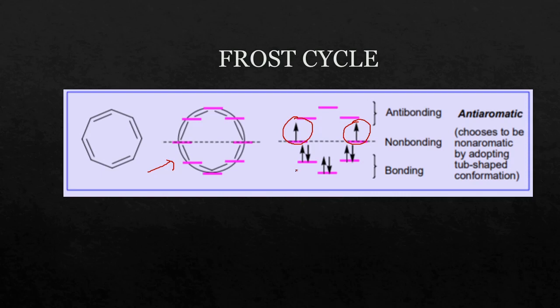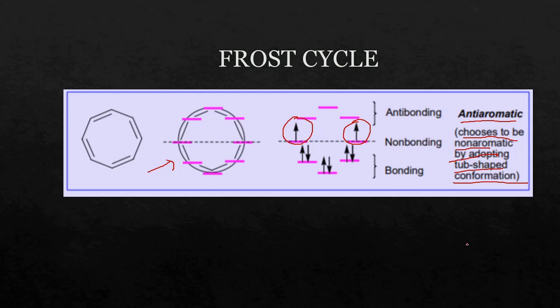Therefore, as a thumb rule, we know that if the molecule contains 2 electrons in the non-bonding orbital, then the molecule is anti-aromatic, but it chooses to be non-aromatic by adopting a tub-shaped conformation. As I told you, you can see the difference between a non-aromatic and an anti-aromatic system, as a non-aromatic system is less reactive, and your anti-aromatic system is more reactive.